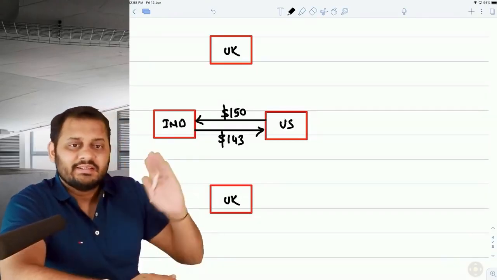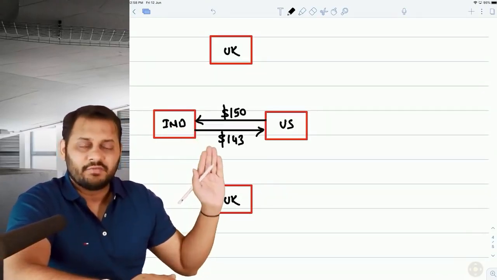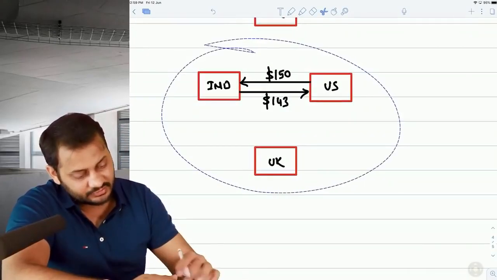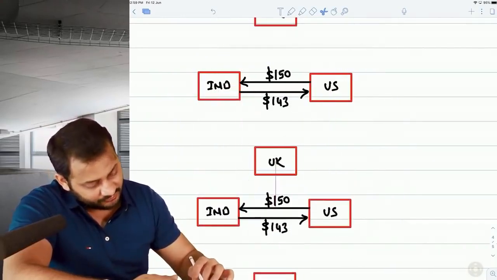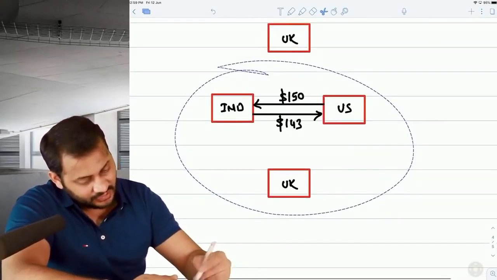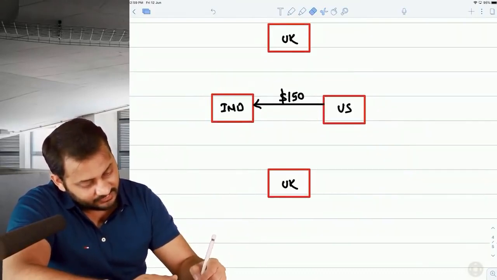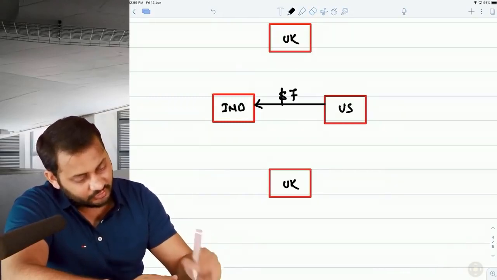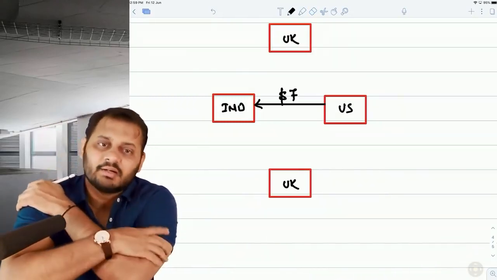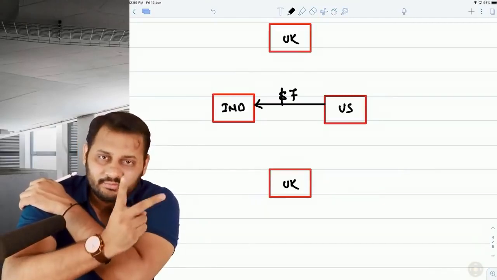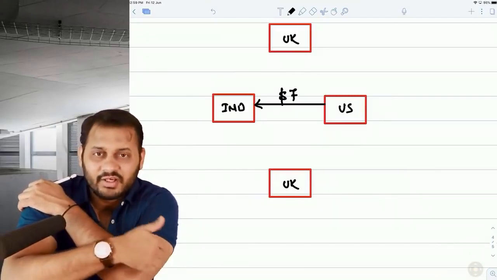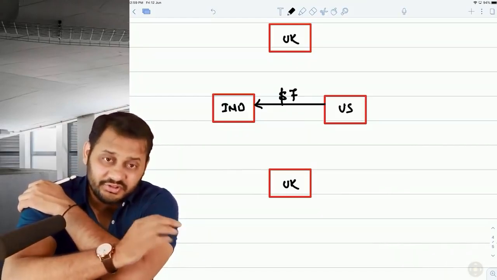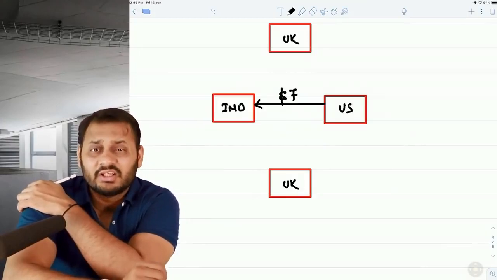Now you can clearly see that we have a receivable of $150, and we have a payable of $143. Now why can't we reduce this to just one transaction, and that too only a receivable of $7? Ultimately this is happening. Only one transaction means we have saved the transaction cost, we have saved the exchange margin, and the amount which is transferring from one country to another country is only $7.